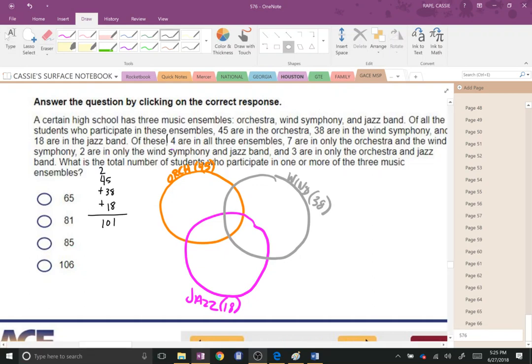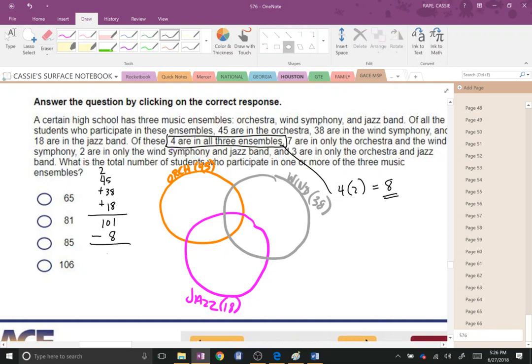There are 4 kids that got counted 3 times. They should only have been counted once, which means 2 extra times. So 4 times 2 equals 8 overcounts for those kids that are in all of those things.